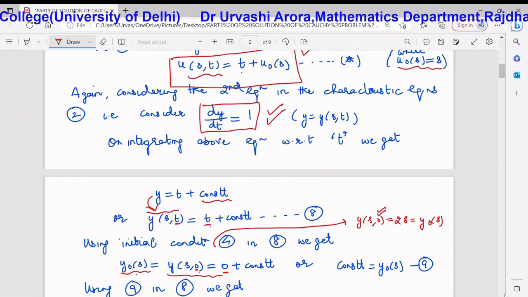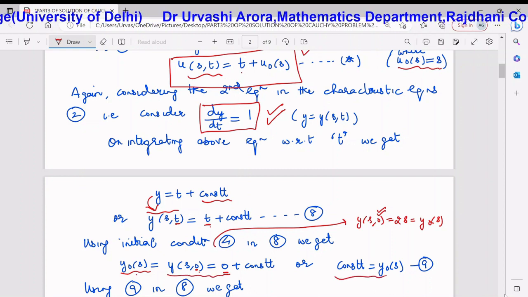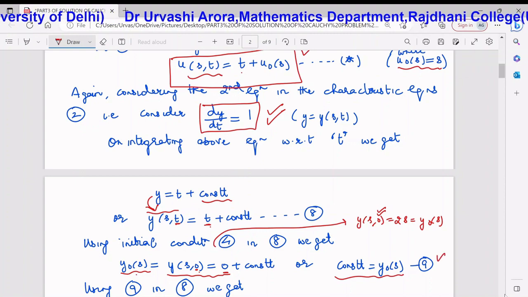So the value of the constant simply comes out to be y naught s, and this we mark as 9.